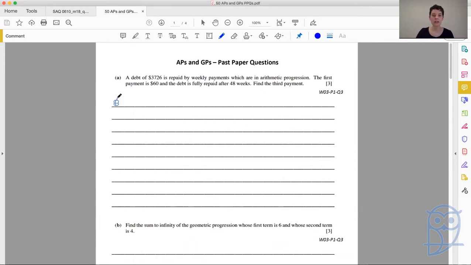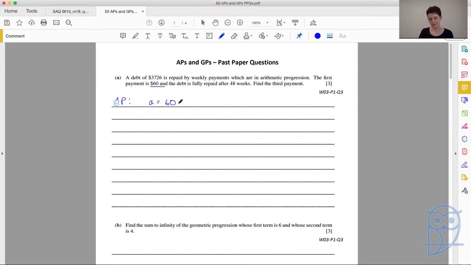So we know we're dealing with an AP, and what we're looking at is the amount repaid. They repay 60 in the first week, so a equals 60. Each week there's a sum being paid, maybe 60, then 65, 70, 75, and so on.